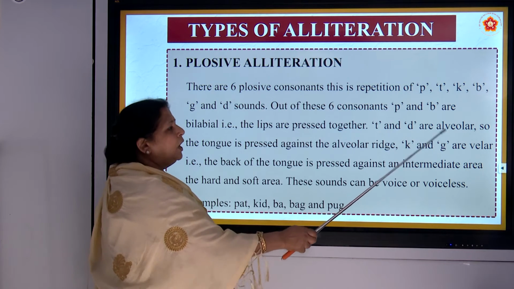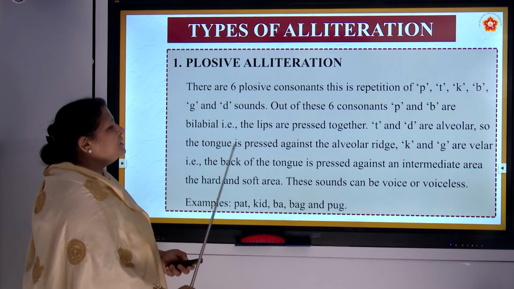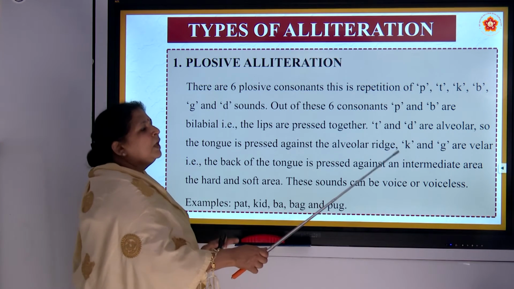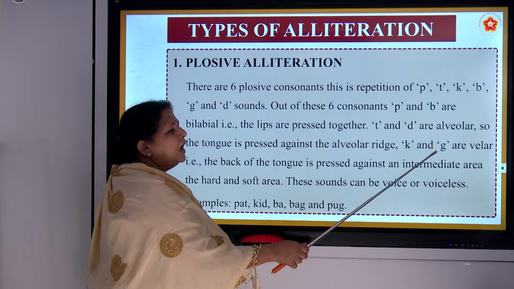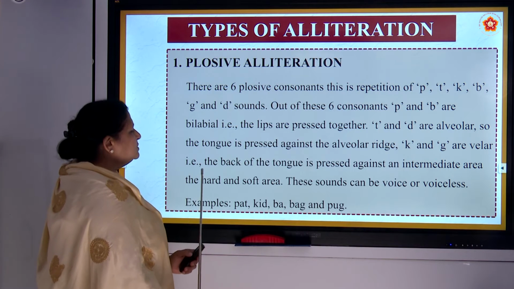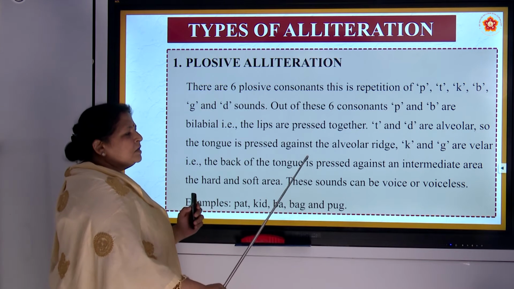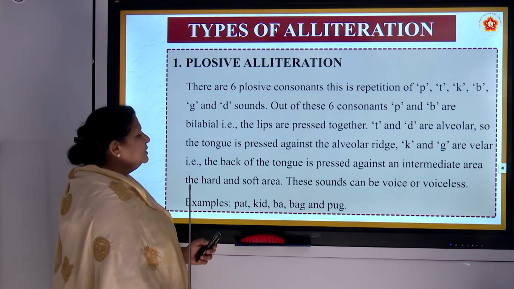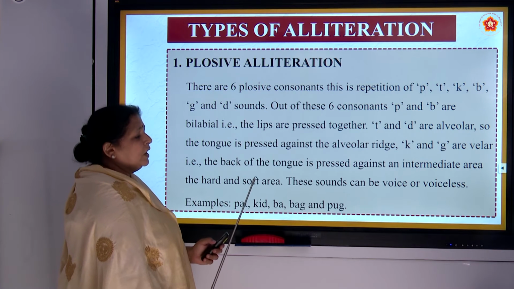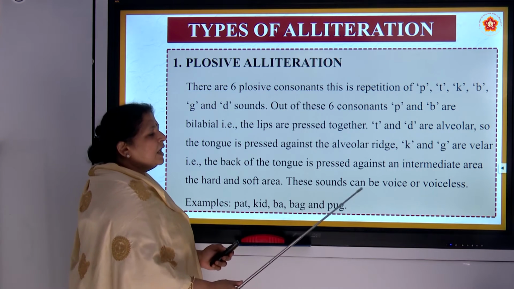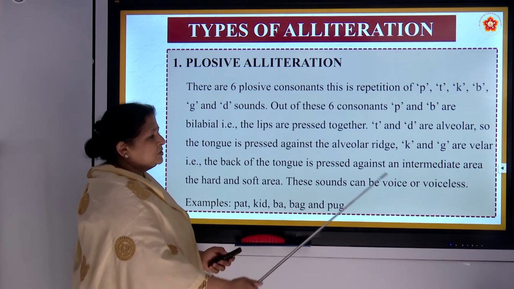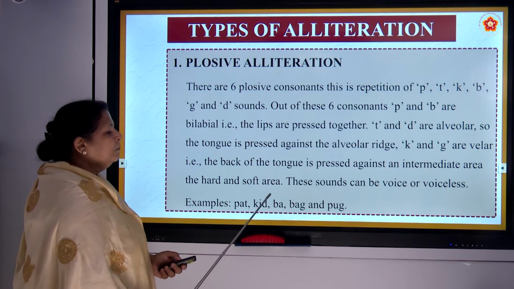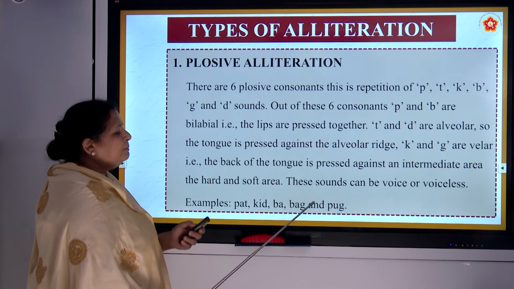The tongue is pressed against the alveolar ridge. K and G are velar, that is, the back of the tongue is pressed against an intermediate area, the hard and soft area. These sounds can be voiced or voiceless. Examples: pat, kid, bob, bag and pug.